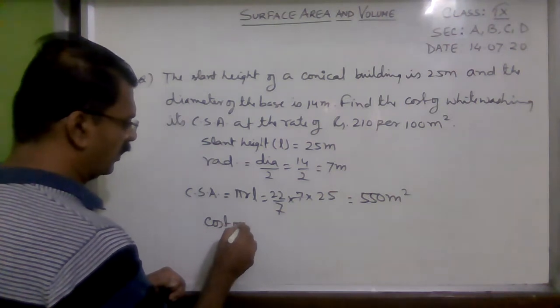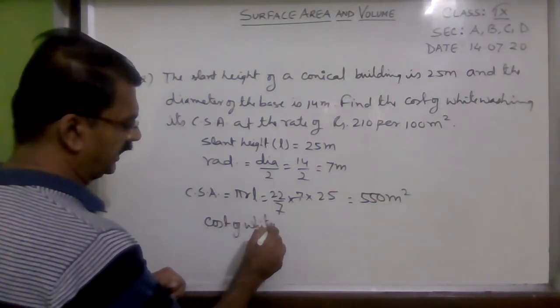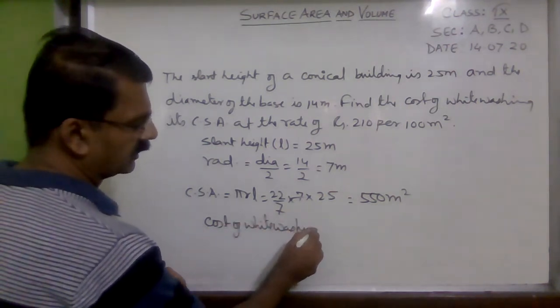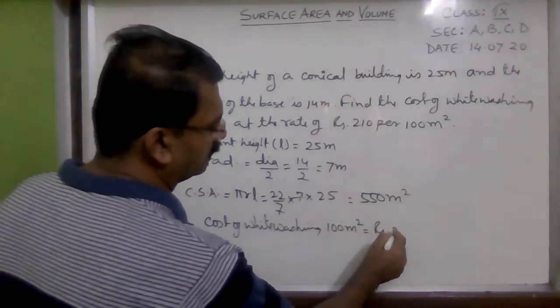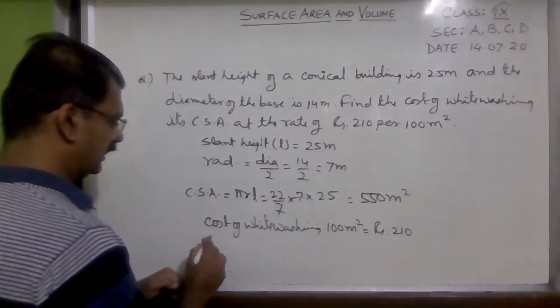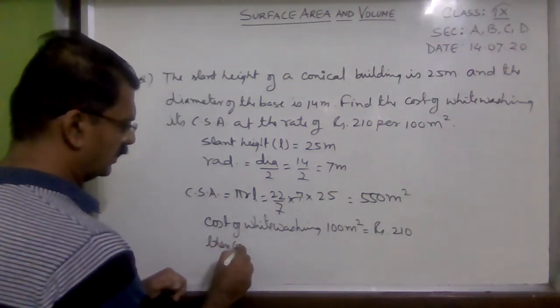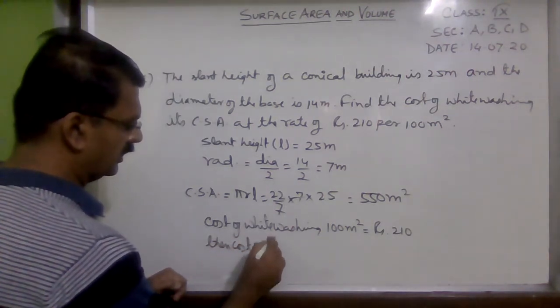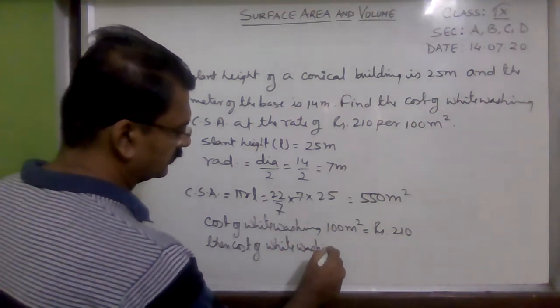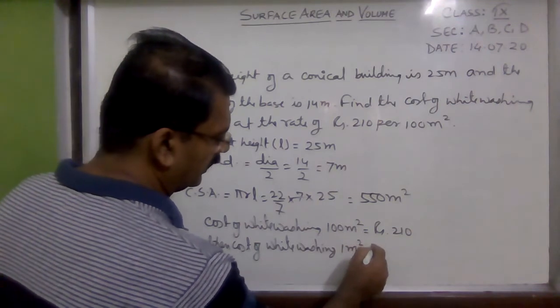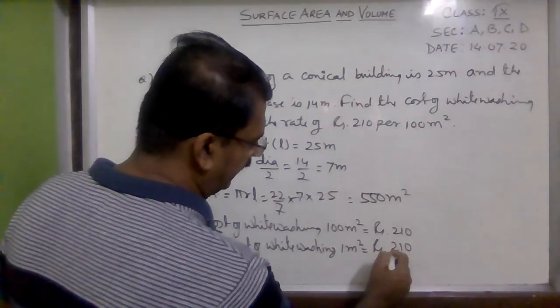Now cost of whitewashing 100 meters square is equal to rupees 210. Then cost of whitewashing 1 meter square will be rupees 210 upon 100.